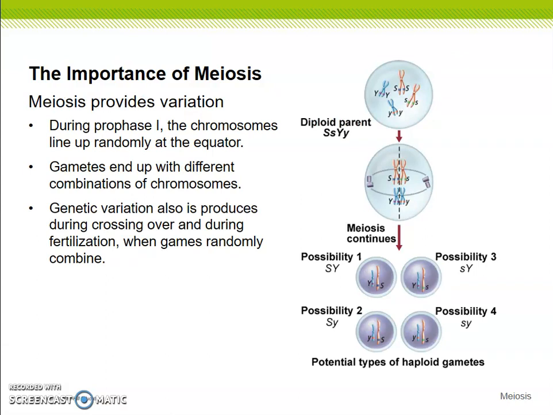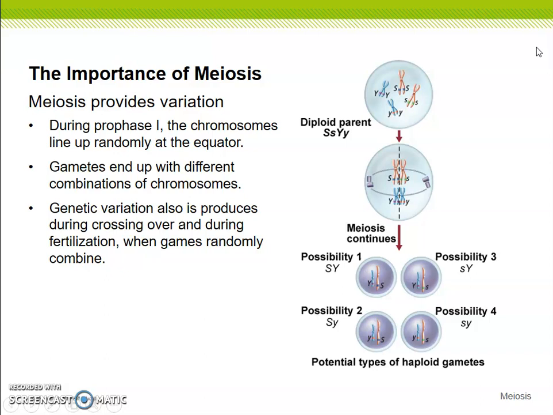Meiosis provides variation. During prophase 1, the chromosomes line up randomly at the equator. Okay? It doesn't matter which way the chromosomes go. We could get one from mom and one from dad on this side. We could get both from dad, or we could get both from mom. It is completely random which side of the cell the chromosomes end up on.